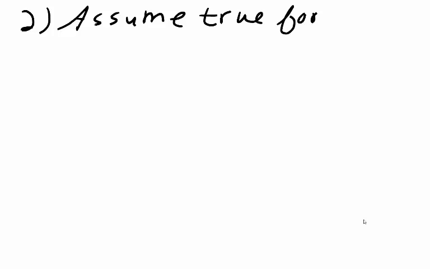For step 2, we'll assume that the statement holds true for some natural number k. So we'll say assume true for some k that is an element of the natural numbers.